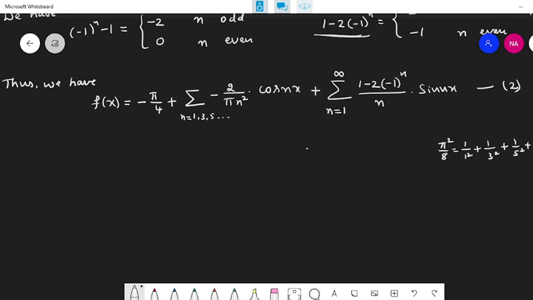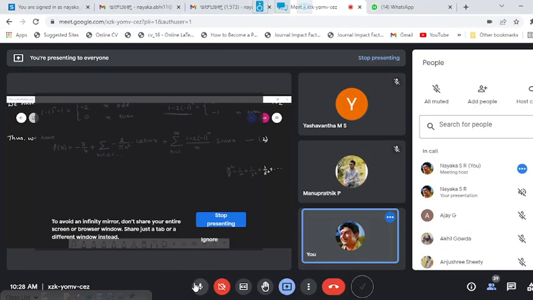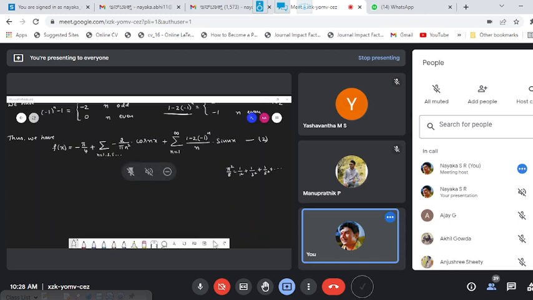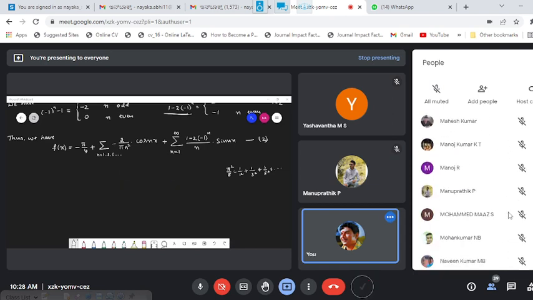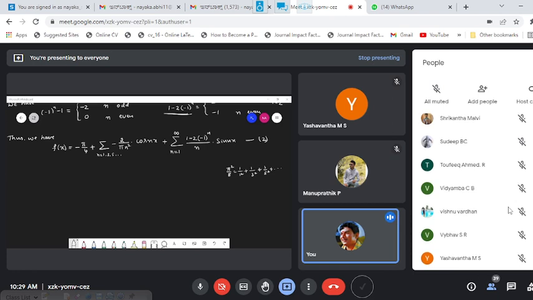Can anybody guess the value of x? Which value we can take? You just guess the value of x. Let us check whether it will be suitable or not.